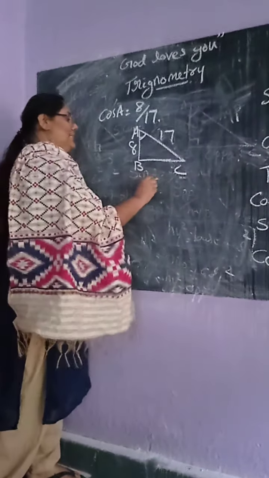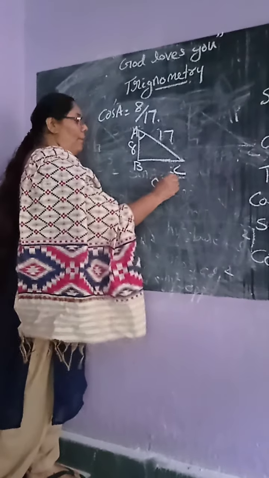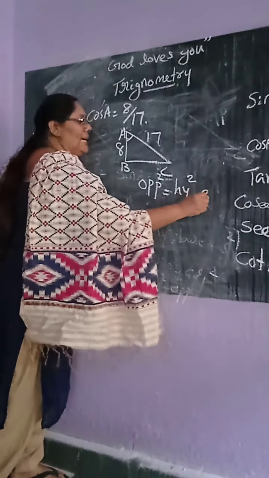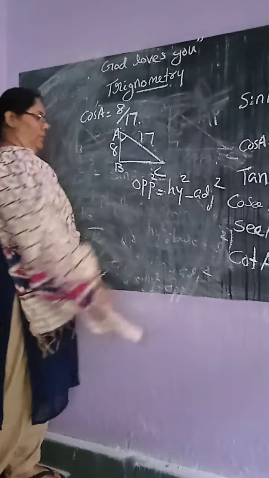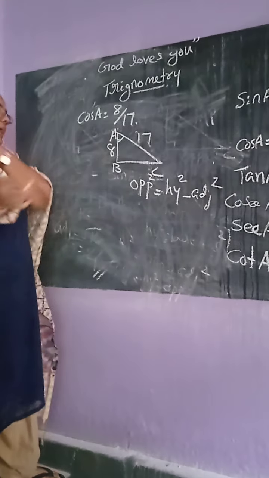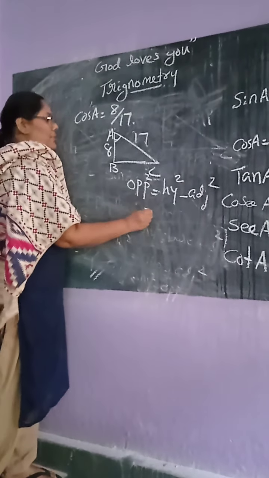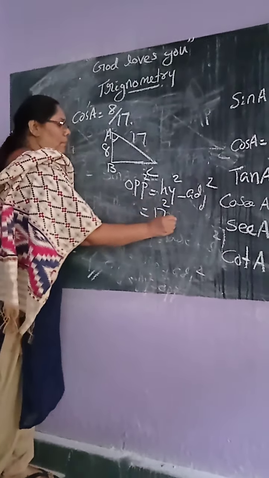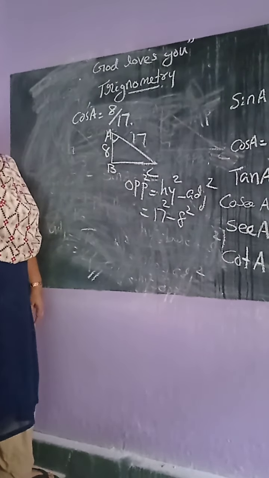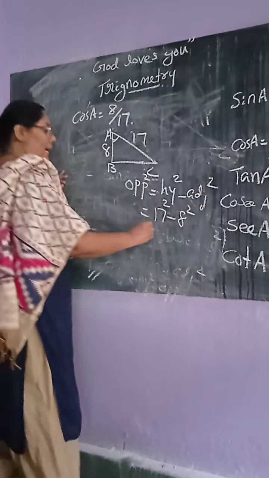Then can you say what is the opposite square? Opposite square is equal to hypotenuse square minus adjacent square. What is hypotenuse square? 17 square minus 8 square. What is 17 square? 289.